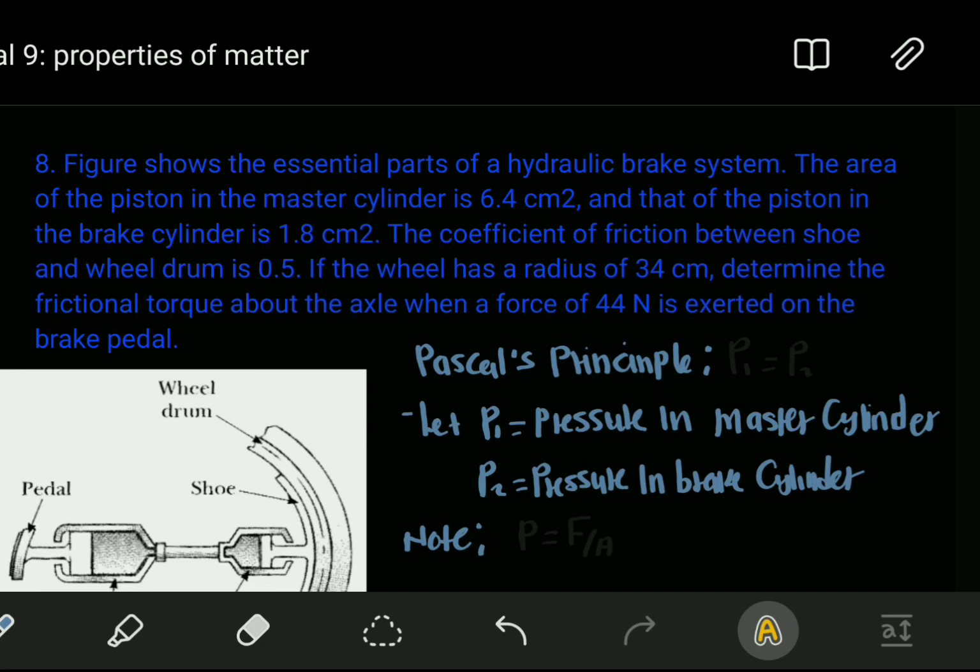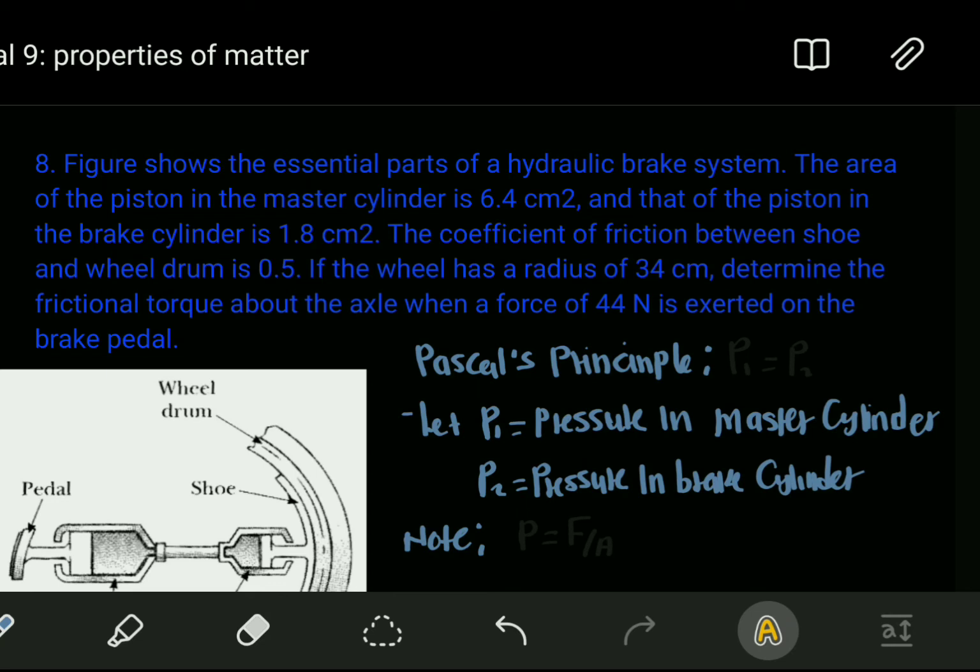The coefficient of friction between the shoe and the wheel drum is 0.5. If the wheel has a radius of 34 centimeters, determine the frictional torque about the axle when the force of 44 newtons is exerted on the brake pedal.